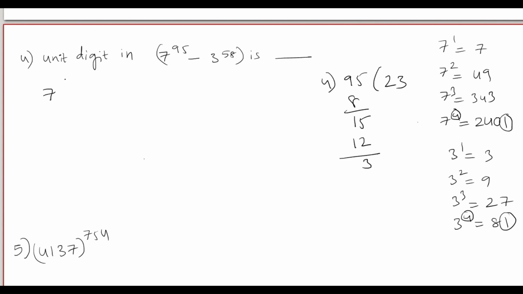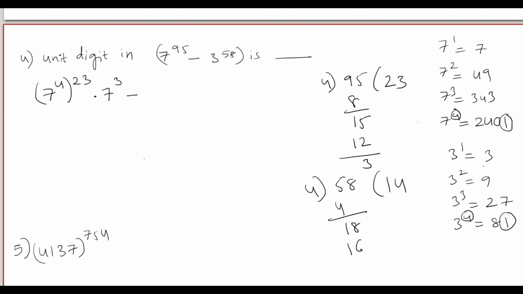This can be written as 7 power 4 whole power 23 into 7 power 3, which is the leftover. Minus, now 58 divided by 4: 4 ones are 4, 4 fours are 16, and you get a remainder of 2. So 3 power 4 whole power 14 multiplied by 3 square. As this is 1, 1 power 23 is 1.